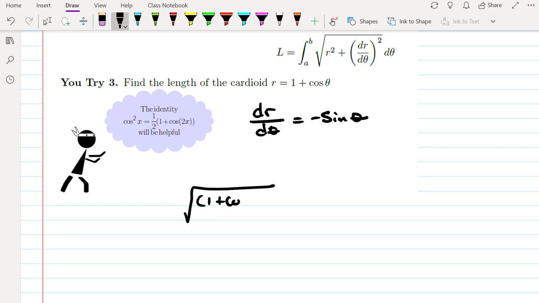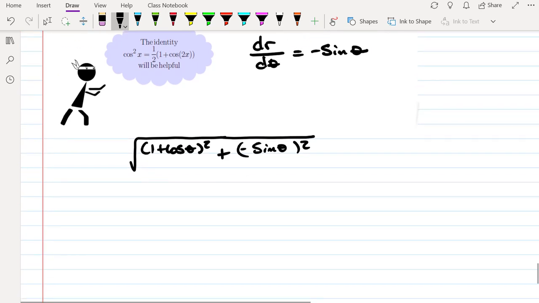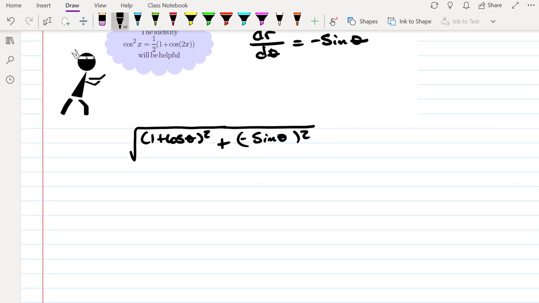That's 1 plus cosine theta squared, plus negative sine theta squared. We FOIL that out and we get 1 plus 2 cosine theta plus cosine squared theta plus sine squared theta.